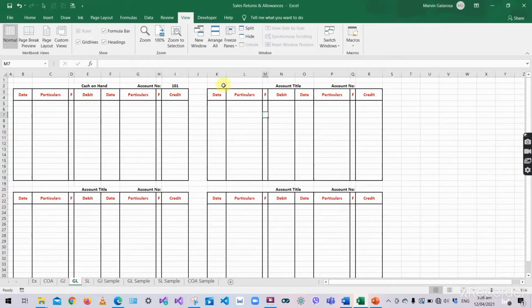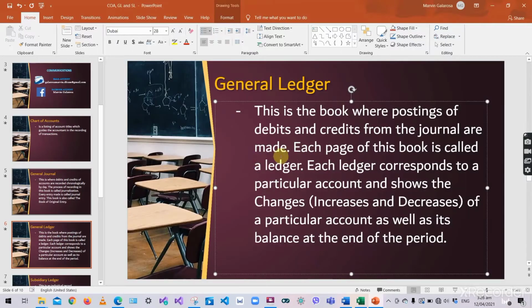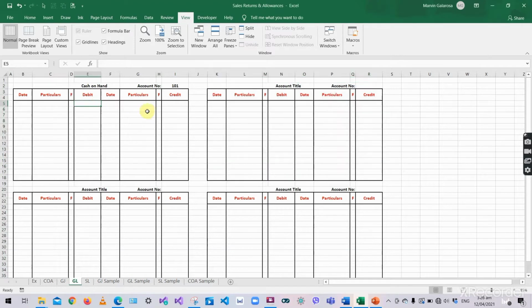Tigi-isa sila na ledger. Increases and decreases, it refers to the debits and credits under the account. And then at the end of the period, you can extract the balance which you will use to create the trial balance to test the equality of the debits and credits.